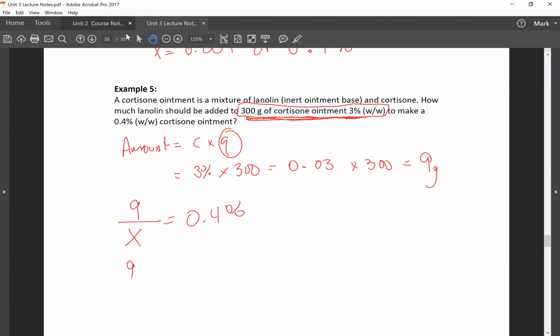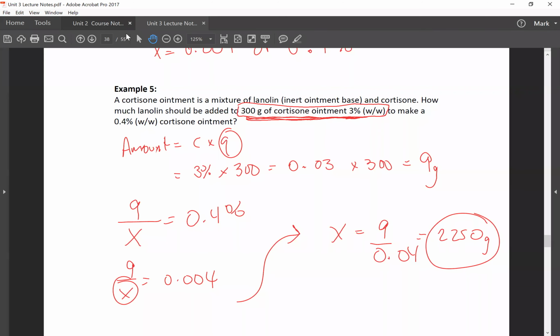So what I end up doing is I'm going to take 9 over x is equal to 0.004, and I'm going to solve for x. That means that x is going to equal 9 over 0.004, and that's where I get the 2250 grams. I'm going to need to make this mixture or add enough lanolin to equal 2,250 grams.